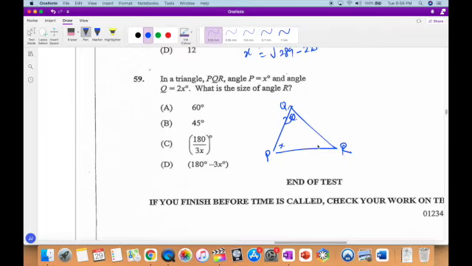So the angle R will be 180 minus x plus 2x. That is the angle R. So the angle R is 180 minus x plus 2x, which is 3x. And look, we have that here, D.